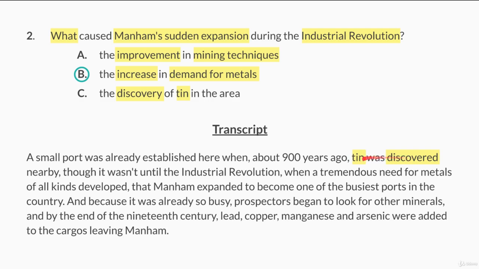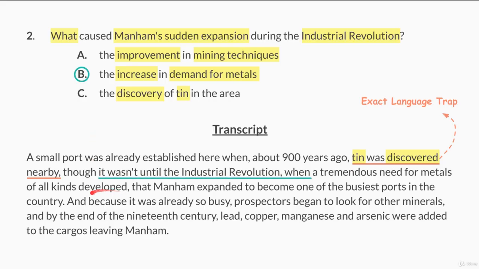So this is an exact language trap. If you don't understand the meaning of what is being said, then you are going to get it wrong. That's why comprehension is very important. This is an exact language trap. They're throwing around the exact keywords from the answer choice because they want you to pick that wrong answer choice.